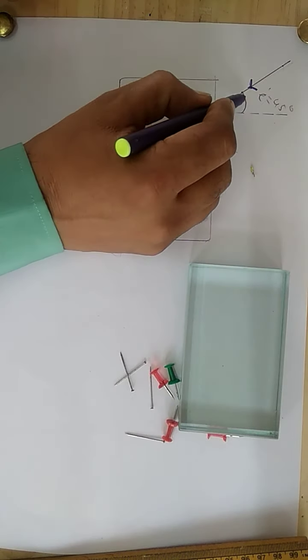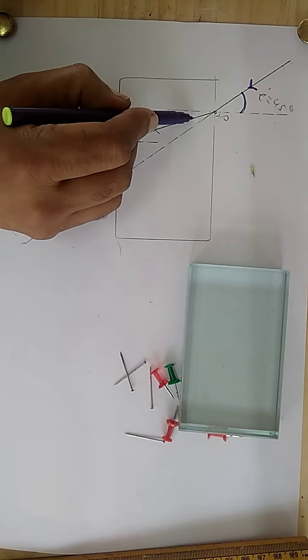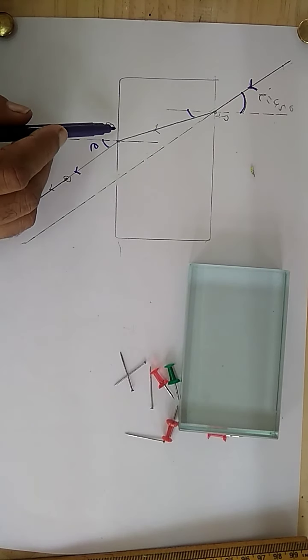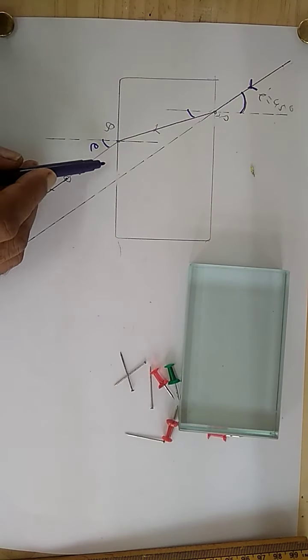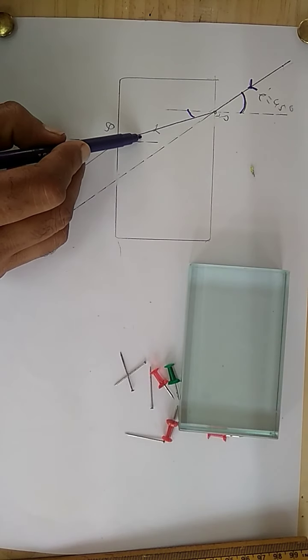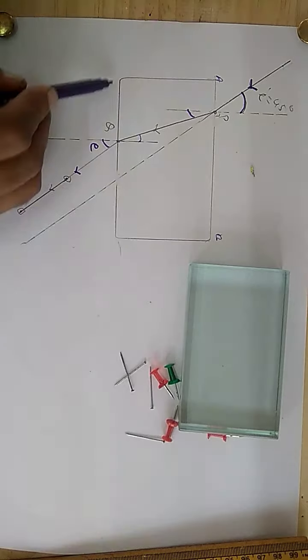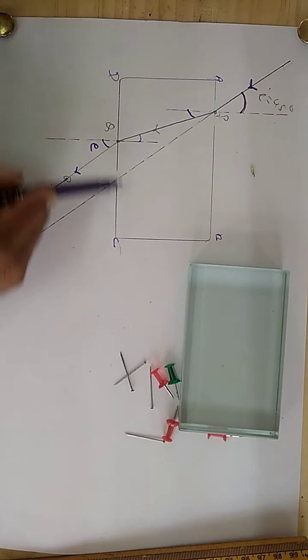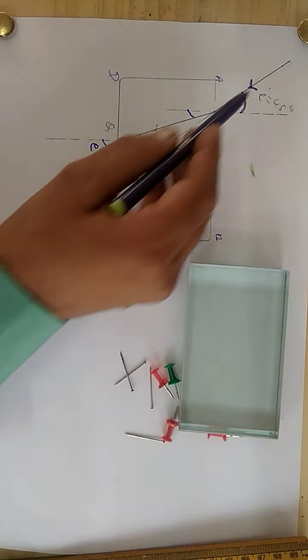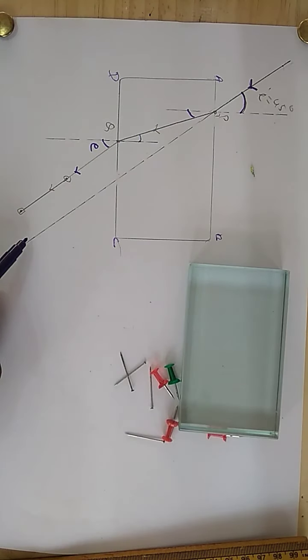This is the incident ray and this is the angle of incidence. This angle will be the angle of refraction from the first surface, and this angle will be equal to this angle if these two sides are parallel. AB is parallel to CD. The direction of the original ray and the emergent ray will be parallel to each other.